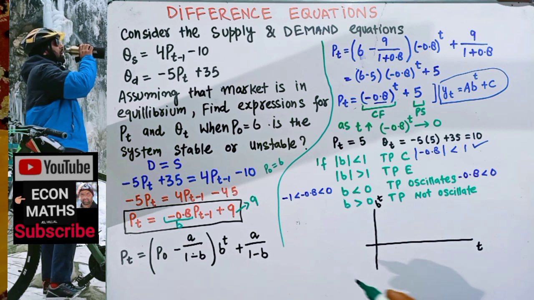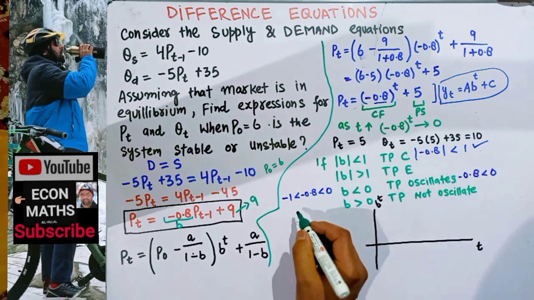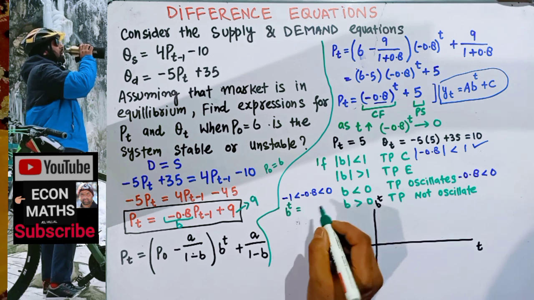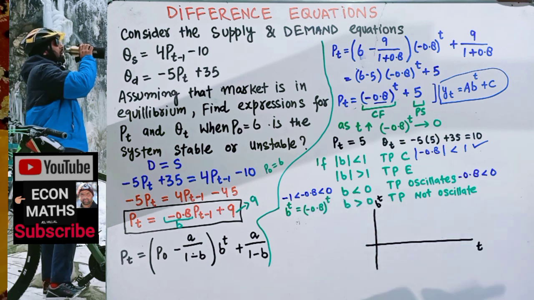Let's show it on the graph. What is our function? We have b^t equal to minus 0.8 to the power t.